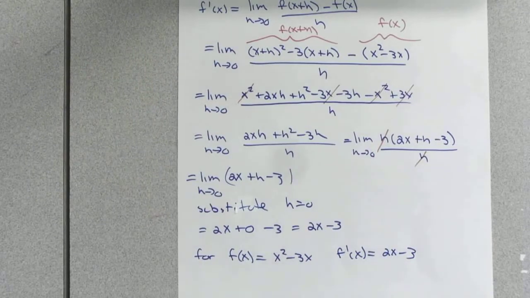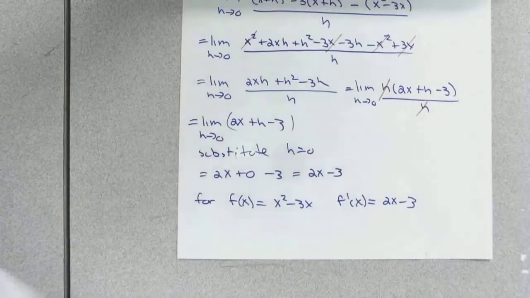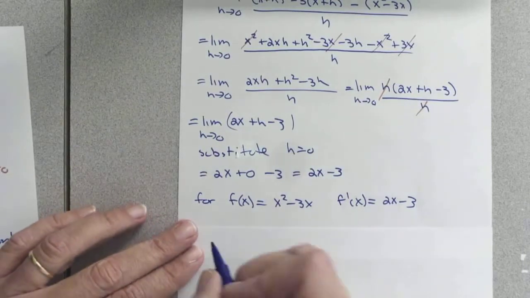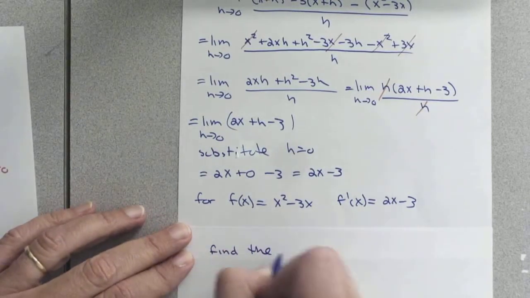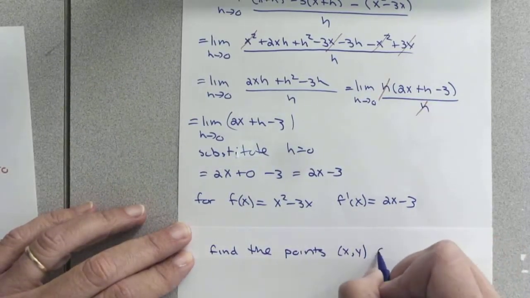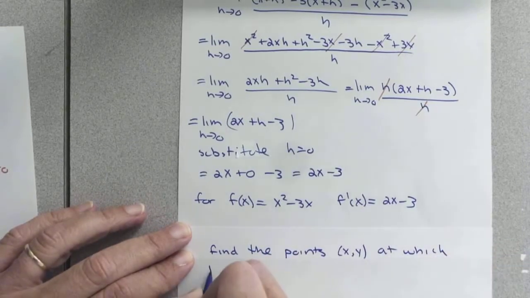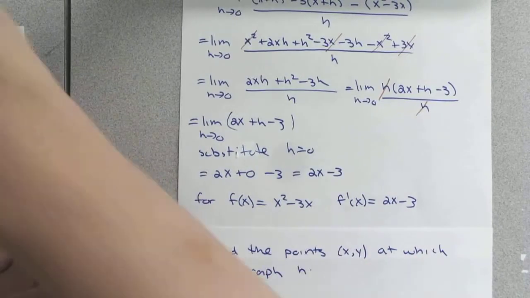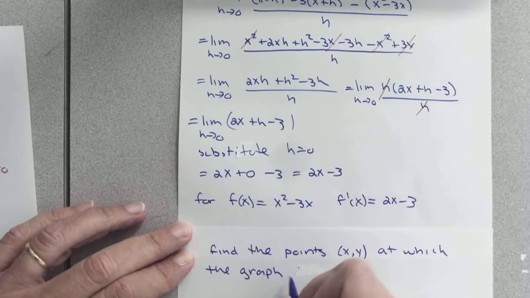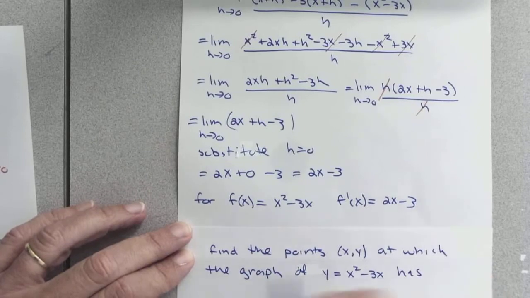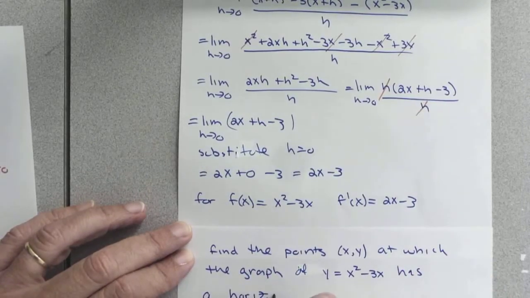But there's my derivative. Now, that's not what the problem asked for. The problem said, find the points (x, y) at which the graph of y equals x squared minus 3x has a horizontal tangent.